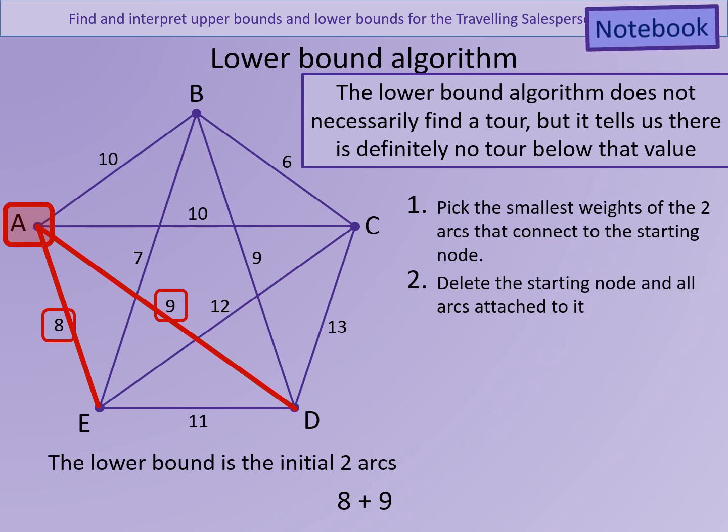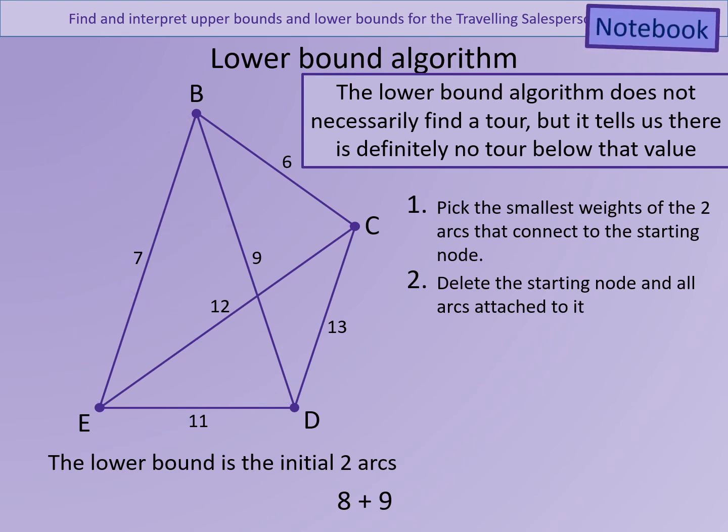We're then going to delete vertex A and those 2 edges, AE and AD. We're also going to delete any other edges that go from A. We're now going to consider just the 4 vertices apart from A and just the edges associated with those.